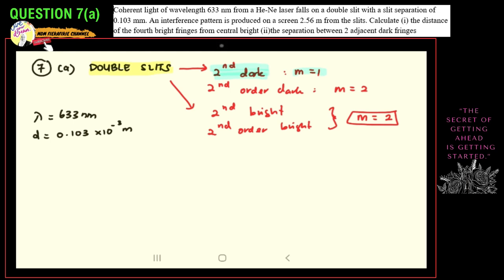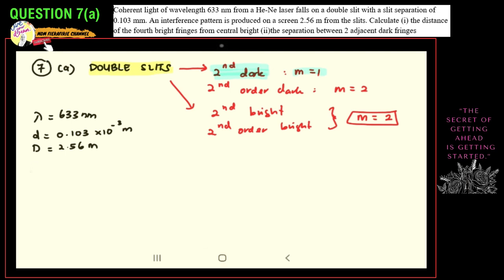Okay, millimeter kan. And interference pattern is produced on a screen, okay, where the position of the screen is 2.56 meter from the slits. Okay, so capital D is 2.56 meter. Okay, alright. So now we want to calculate the distance of the fourth bright fringes from the central bright.